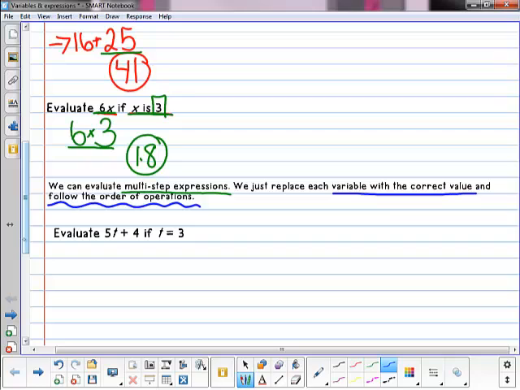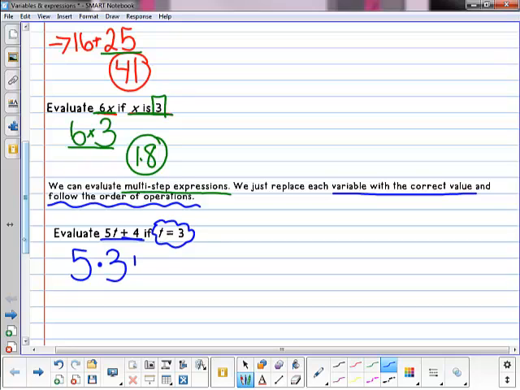So we're going to put the correct variable in, and then follow the order of operations, which is very important when we're working with algebra. Algebra pretty much is the order of operations most of the time, and you're never going to forget about that. So first we want to evaluate 5t plus 4t if t equals 3.